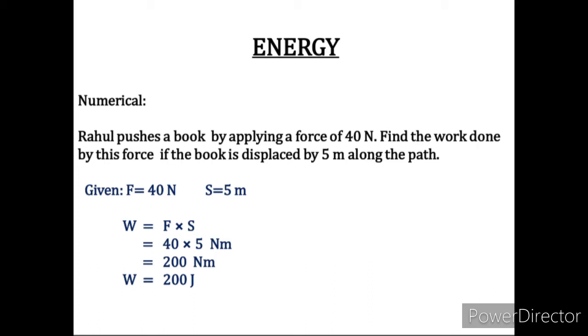We know that work is equal to force into displacement. Now substitute the value of F and S. So 40 into 5 Newton meter. After multiplication we have work is equal to 200 Newton meter. So we can say work is equal to 200 joule.